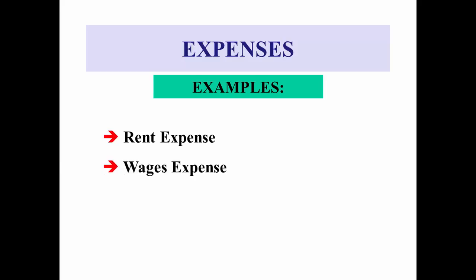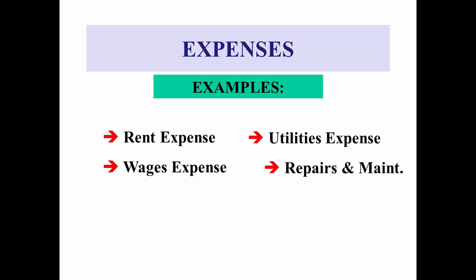Wages expense happens when we use the employees. We don't own the employees. If we don't pay them, they'll quit. Okay? When we use the employees, we have wages expense. Utilities expense happens when we use the electricity.